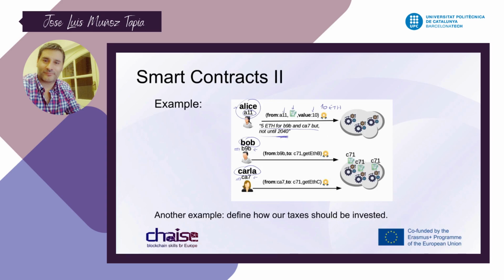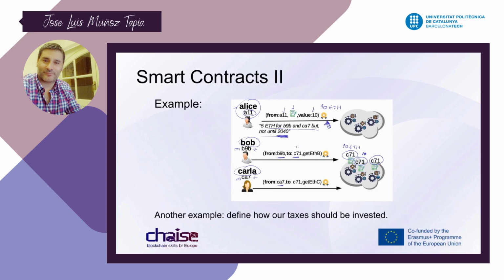After the deployment transaction is executed, the code of the smart contract appears in each node of the network, and this smart contract will have 10 ethers. I mean, the 10 ethers are replicated. So the smart contract C71 will have 10 ethers, and then after 2040, Bob or Carla can send a transaction to this smart contract.